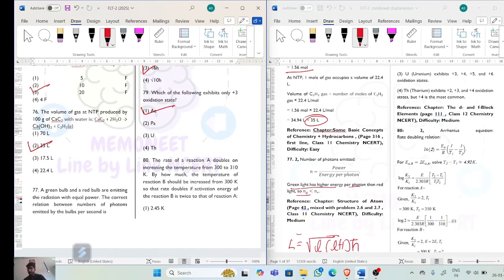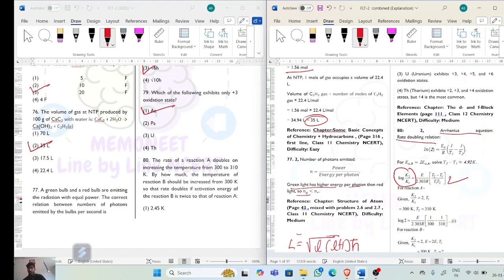Okay, so we can write the Arrhenius equation as the rate doubling relation, which is ln 2 equals Ea divided by R into 1 upon temperature T1 minus 1 upon temperature T2. Okay, now putting all the values, log K2 by K1 is equal to Ea divided by 2.303 R, and solving this in T2 minus T1 divided by T1 T2.